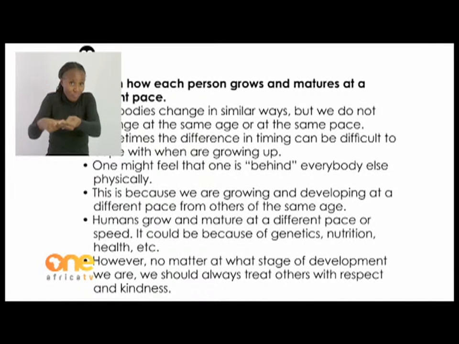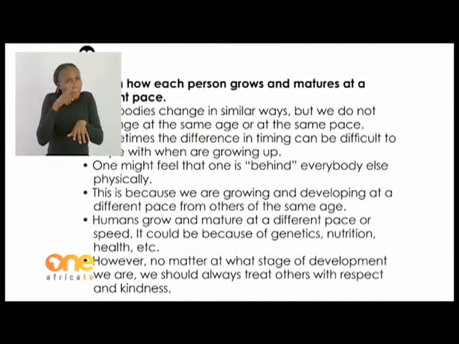It can be nutrition because of what we eat. We don't eat the same thing every day. Or different houses have different meals. It can also be because of health. Some people might have different diseases that can prevent them from growing fast, which is maybe making them grow very slowly.